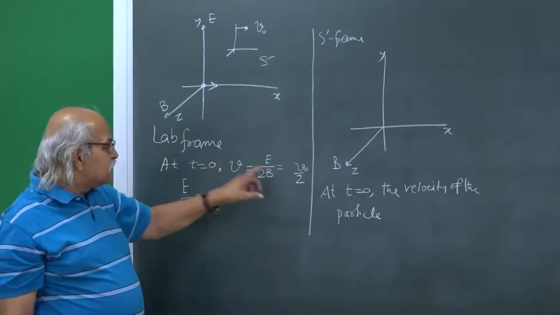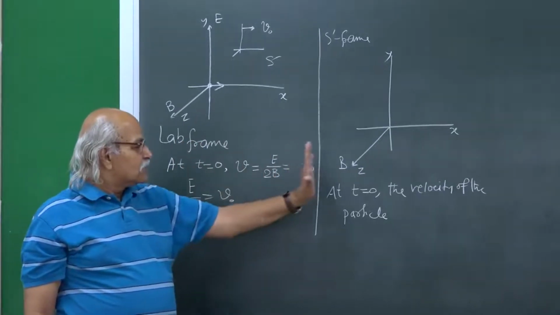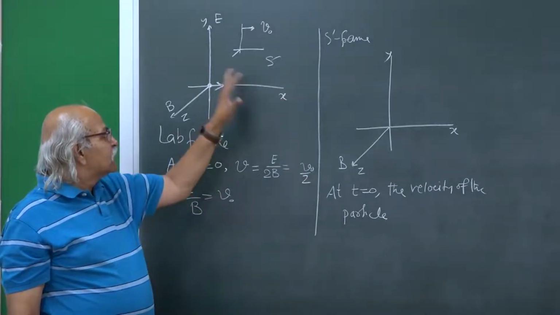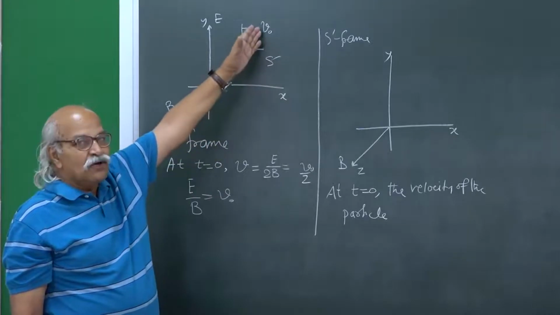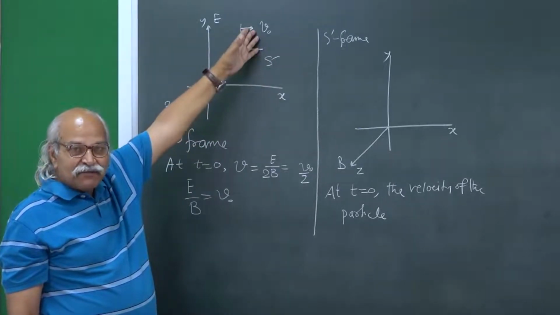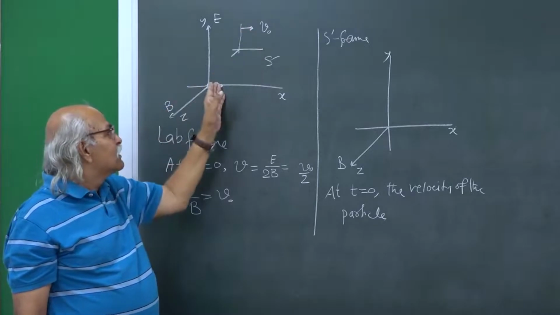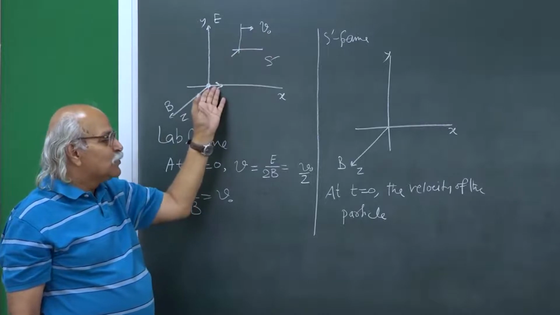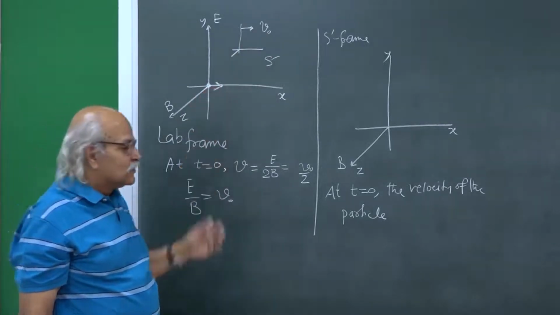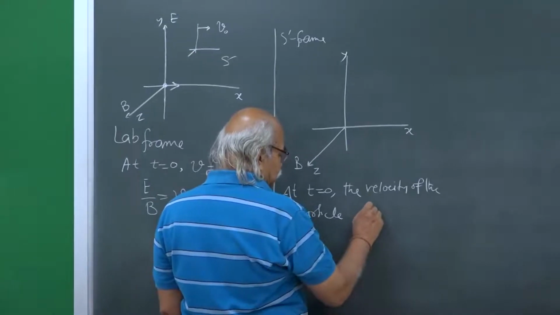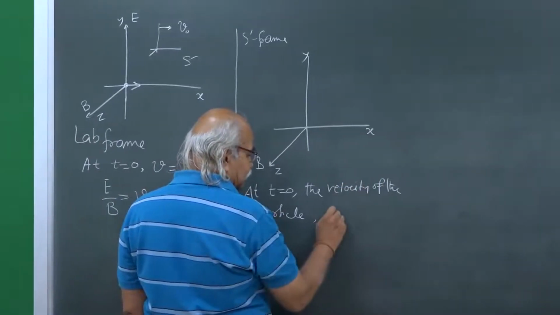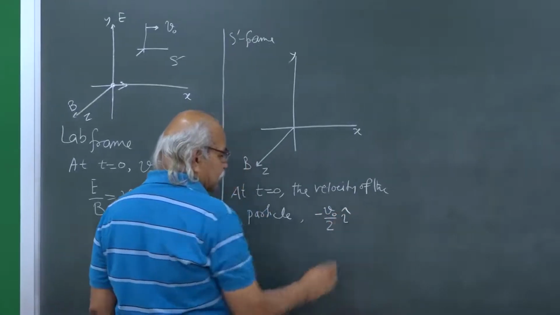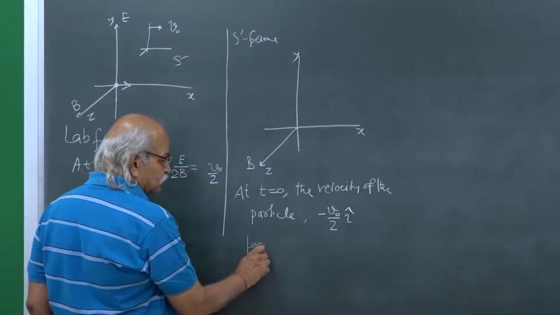So, in S frame it is V naught by 2 in the positive x direction, and in S prime frame, which itself is moving at a velocity of V naught, if you see from this frame, you find that this particle is going towards left with a velocity V naught minus V naught by 2, that is V naught by 2. So the velocity is minus V naught by 2 i cap at t equal to 0. Position is of course 0.